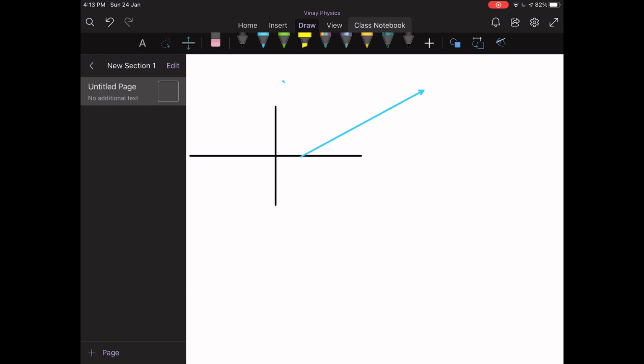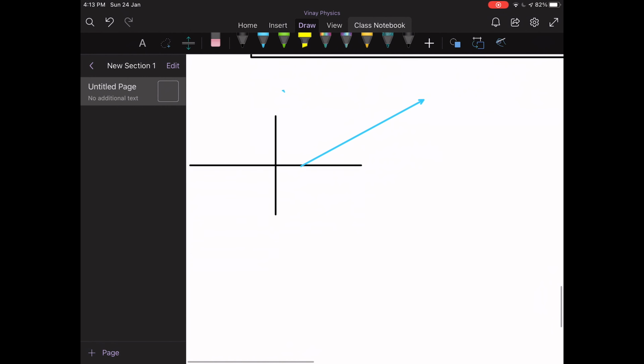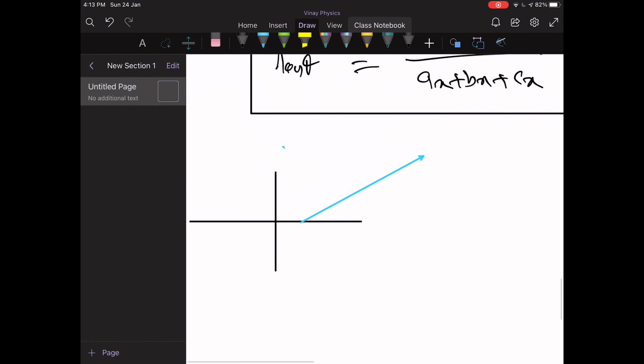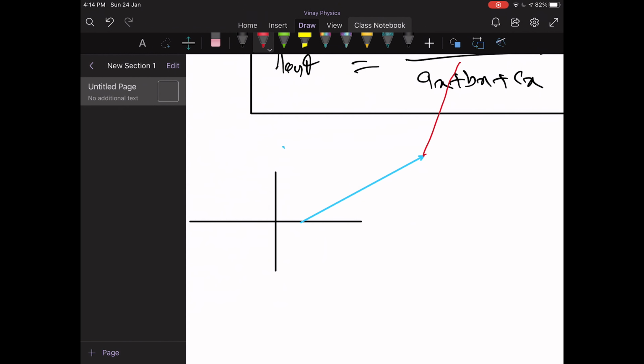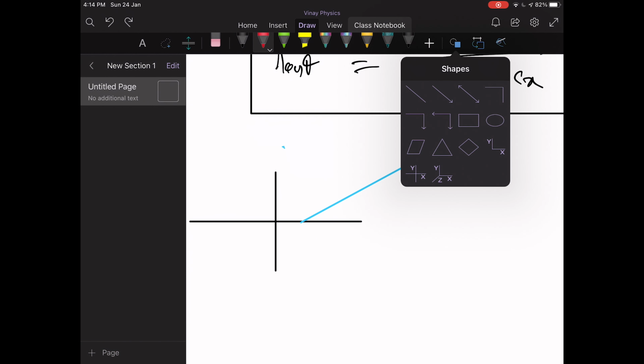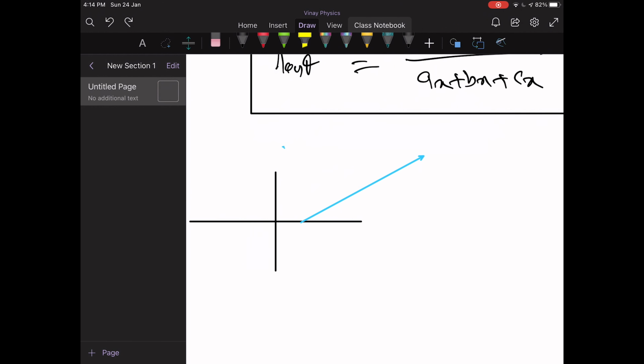Let's say another vector is this. This is the second vector.